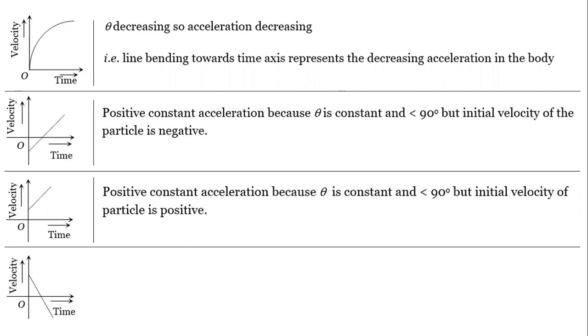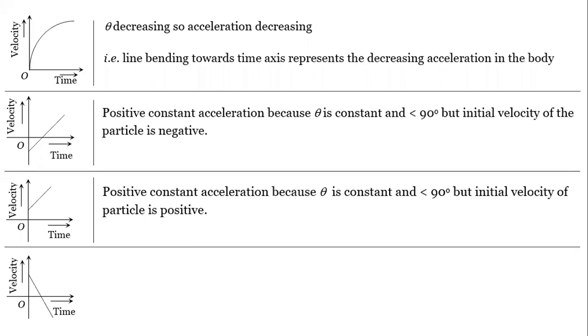Okay, for the fourth one, you can say the angle is more than 90. The angle with the positive x-axis we always check. So the angle is more than 90, tan will be negative. If tan is negative, it means acceleration will be negative. It is retardation, deceleration. Acceleration is negative, and at the same time, the angle is constant.